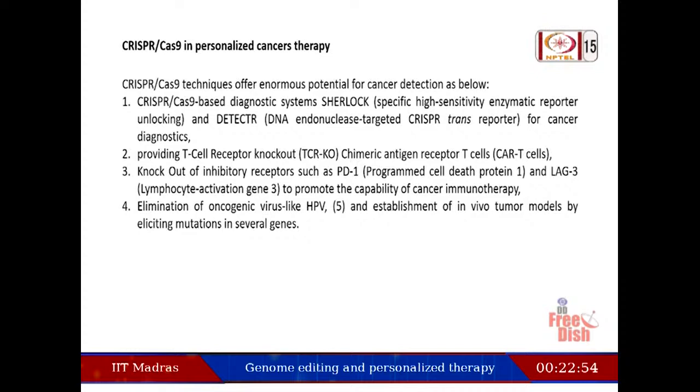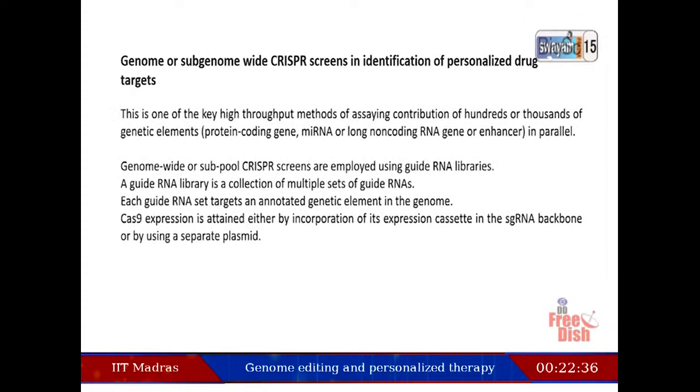Knockout of inhibitory receptors such as PD1, programmed cell death protein 1, and LAG3, lymphocyte activation gene 3, to promote the capability of cancer immunotherapy. Elimination of oncogenic viruses like HPV and establishment of in vivo tumor models by eliciting mutations in several genes. Genome or subgenome wide CRISPR screens in identification of personalized drug targets.